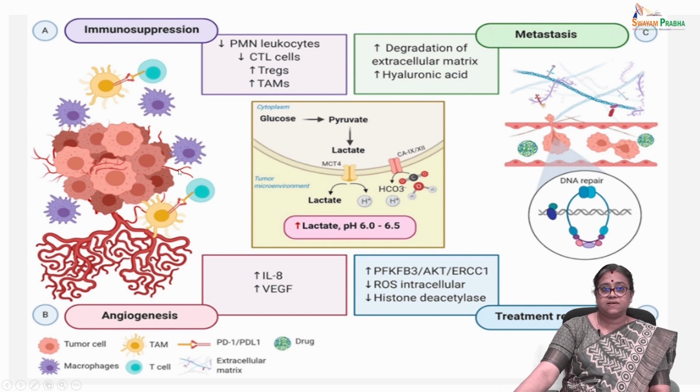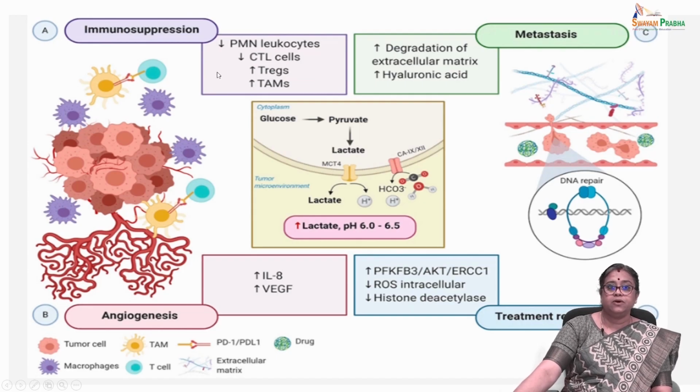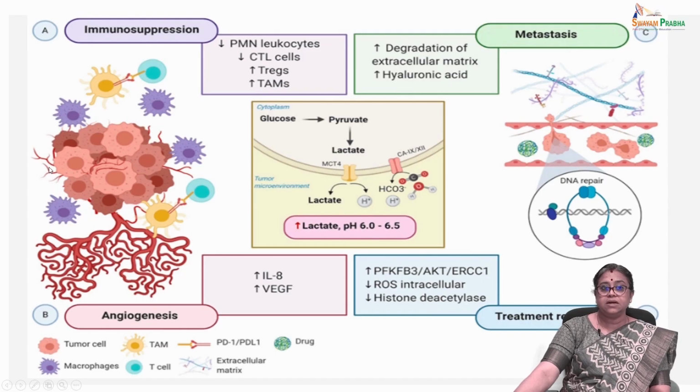So all these can lead to the immunosuppressive environment. So for an immunosuppressive environment to happen, you will have a decreased number of cytotoxic T lymphocytes, but there will be an increase in the T regulatory cells, an increase in the tumor associated macrophages, and decrease in the PMN leukocytes. So these kind of phenomenon will lead to an immunosuppression in the tumor microenvironment.